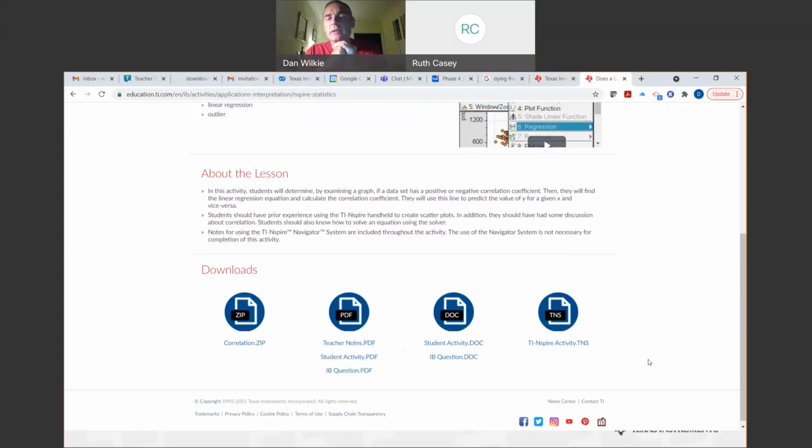The 84 is a wonderful calculator, easy to use, and it does everything you would need for an IB student. I just think the Nspire does more. I'm not saying it does the work for them, because if you show them how to do things in the correct manner, students will still do what they have to do, but then use the calculator to enhance what they're doing. And that's what I think the Nspire does.